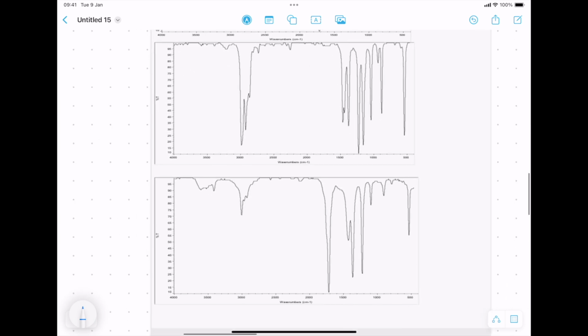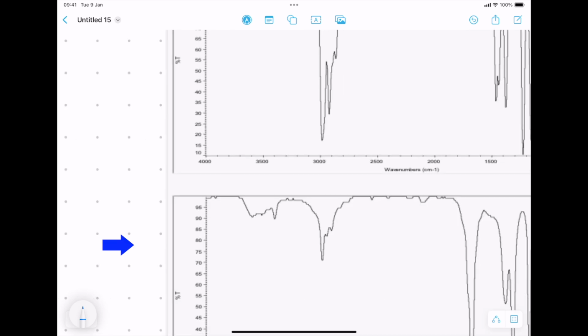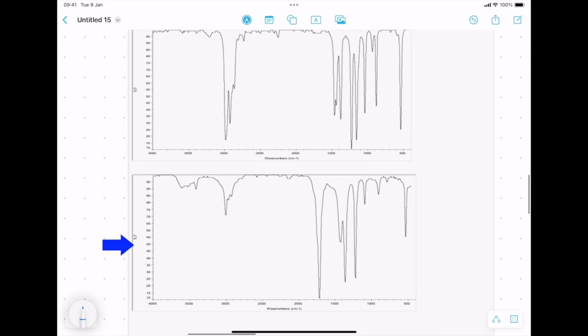And then these are two really good examples of when you could be deciding whether it's an aldehyde or a ketone, or perhaps something else. So this one, we've got a really strong peak there, 1650 to around 1750.